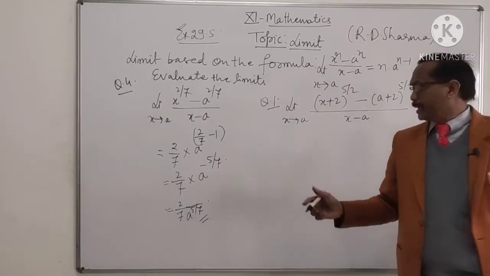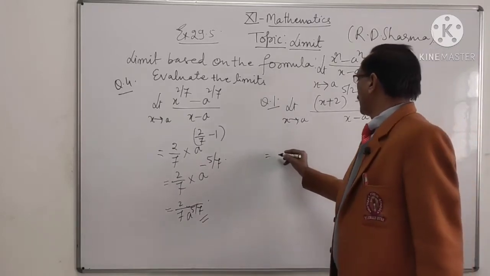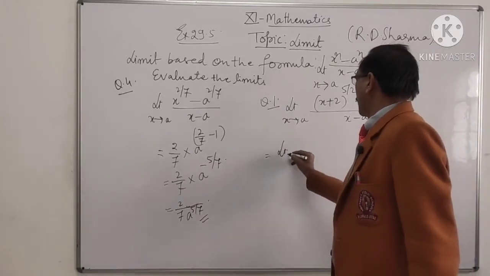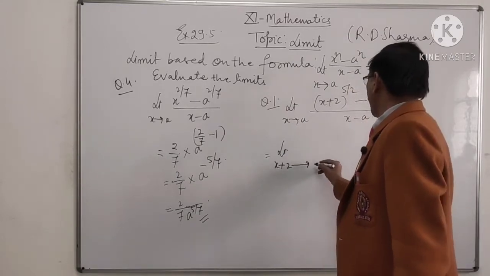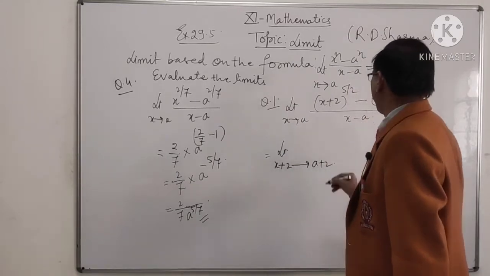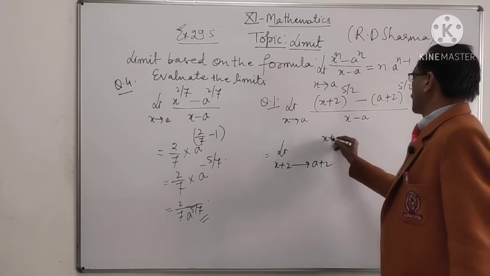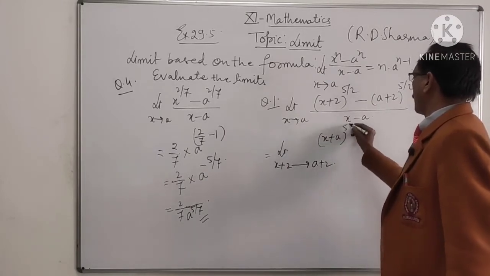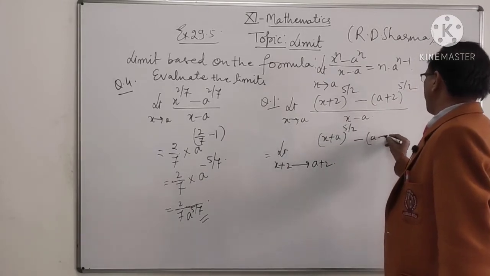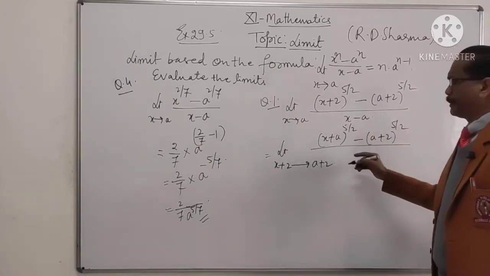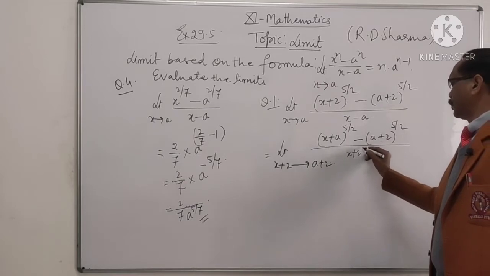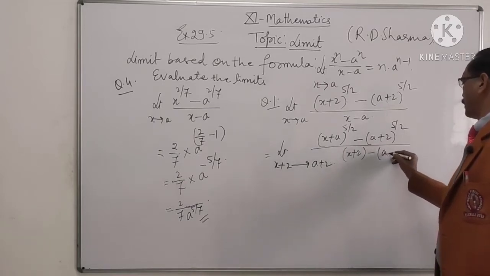We can write it as limit x plus 2 tends to a plus 2, then x plus 2 whole power 5 upon 2 minus a plus 2 whole power 5 upon 2, and the denominator can be written as x plus 2 minus a plus 2.